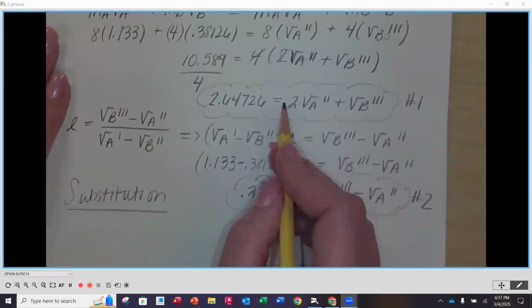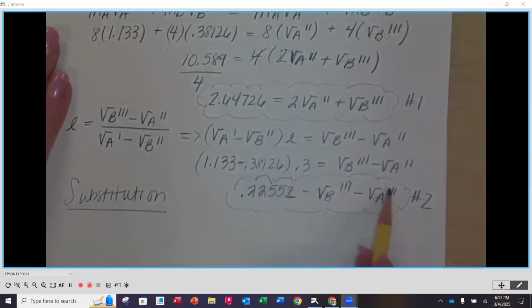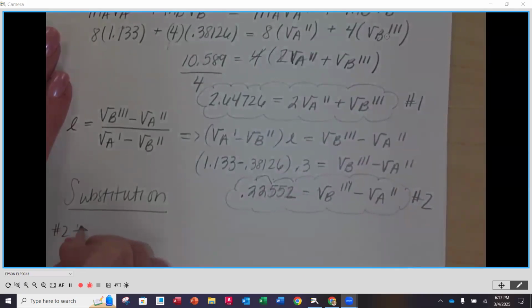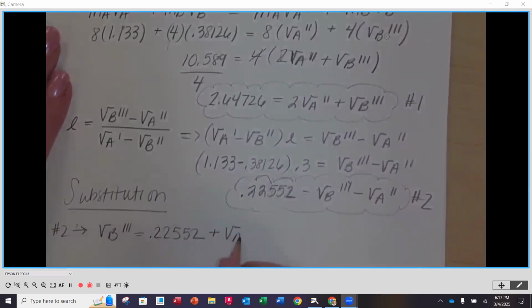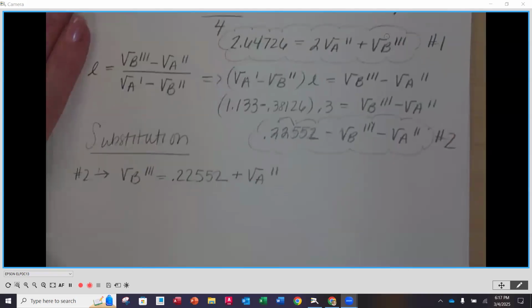All right, so I'm not going to rewrite. I've got my number 1 and my number 2 here. So I'm going to take number 2 and solve for velocity of B triple prime. So number 2, velocity of B triple prime is going to be equal to 0.22552 plus VA double prime. Okay.